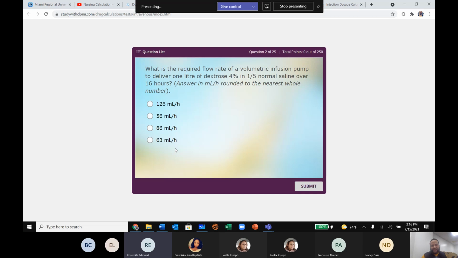Okay, the information that is not necessary is that the dextrose is at 4%. This is a distractor. But we have the 1/5 normal saline over 16 hours. And the question said, what is the required flow rate of a volumetric infusion pump?